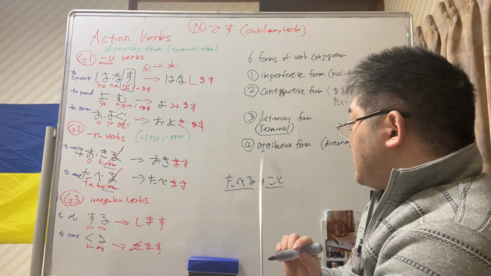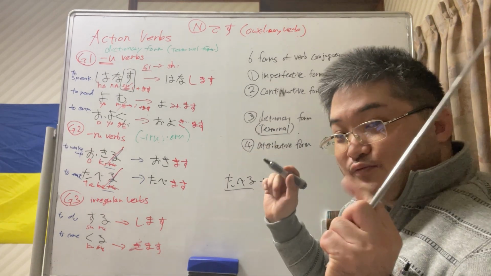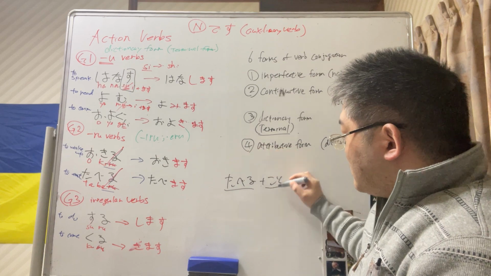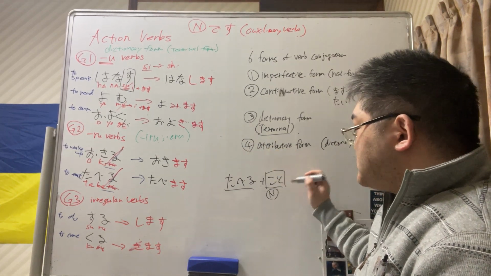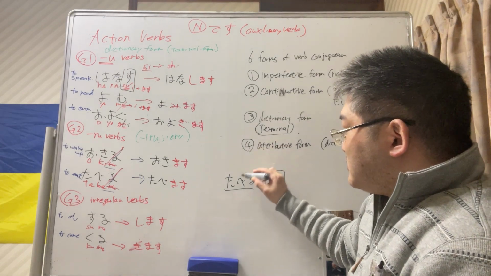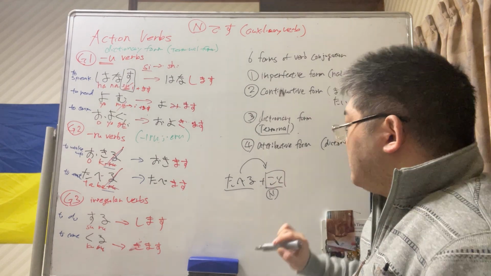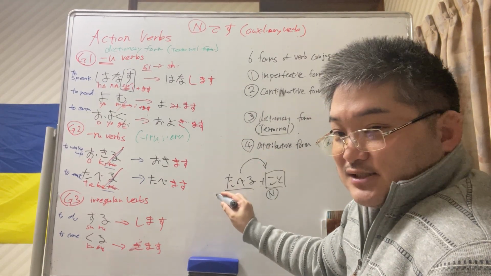But the attributive form, in English it's called a qualified noun phrase. Koto is a noun, or koto or mono or something. So the dictionary form of the verb plus a noun means a thing that eats.